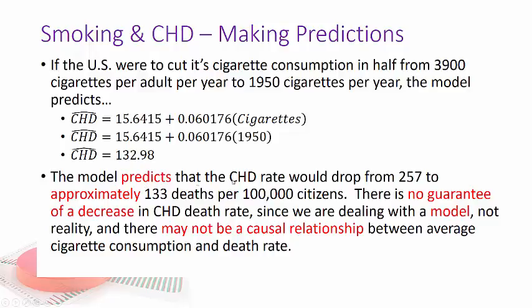It says it predicts that it would drop from 257 to approximately 133 deaths per 100,000 citizens. There is no guarantee of a decrease in CHD death rate since we are dealing with a model, not reality, and there may not be a causal relationship between average cigarette consumption and death rate, no matter how logical that might sound.